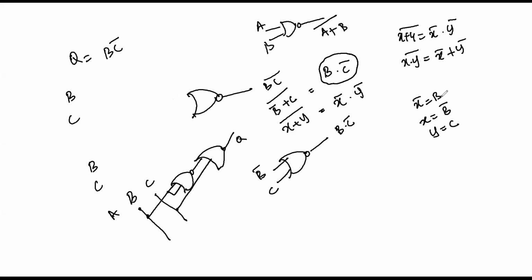X bar equals b, which means x is b bar, and y equals c. So that means if we have b bar and c, put it to a NOR gate, we are getting the answer. To make b bar from b, we know that you can short circuit a NOR gate like this, and then the answer is b bar, and from the side we will get c. We combine, we get the output.